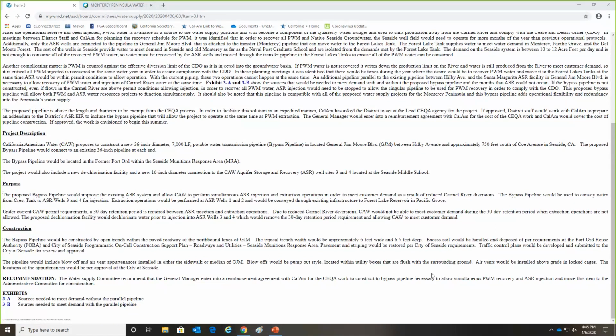So I think maybe we should have just a clarification of the motion, that this is at this point just to approve the CEQA agreement, that we would do CEQA and get reimbursed from Cal-Am for that. And I think that is the staff report to do that, and I generalized too quickly on it.